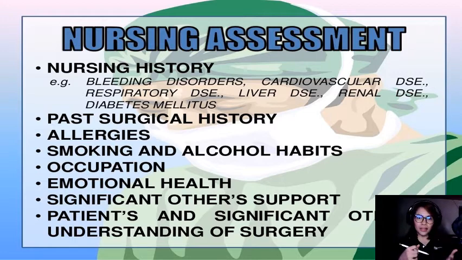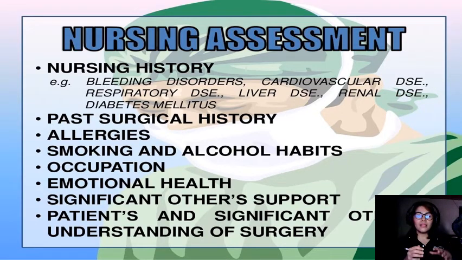Next, emotional health. Okay, if she or he is emotionally healthy, or if not, maybe depressed ang patient prior sa surgery. Okay, we don't know. So, you need to take note. And significant other support.